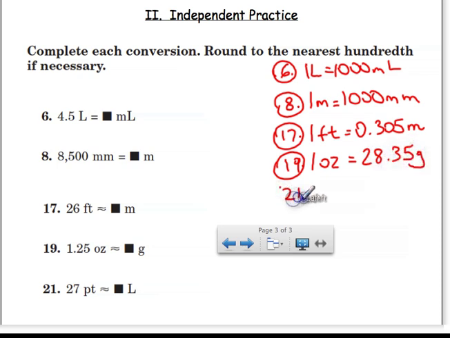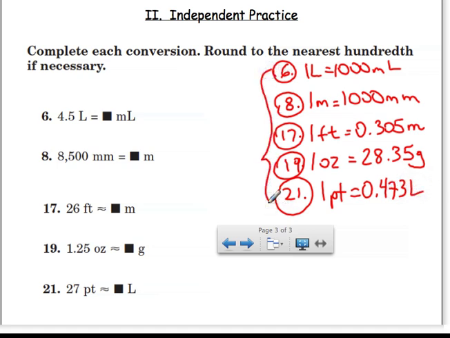And then last one for 21, that 1 pint is the same thing as 0.473 liters. Use all of these ratios to solve these problems. Round your answer to the nearest tenth if you need to.